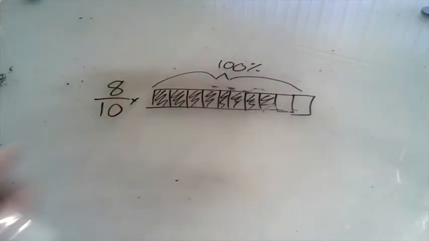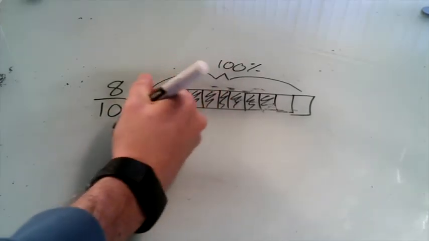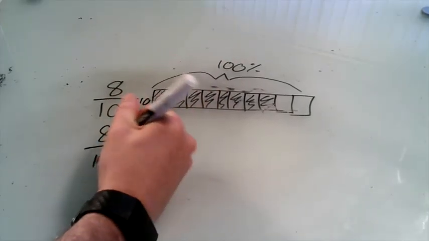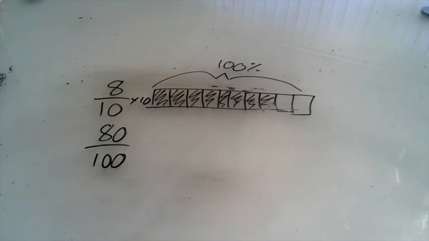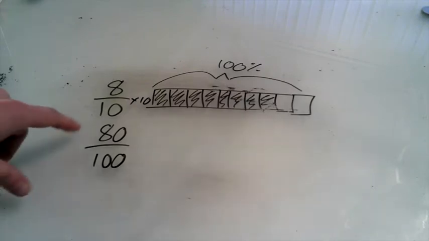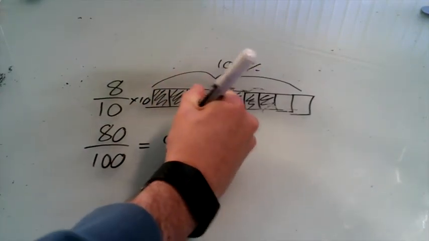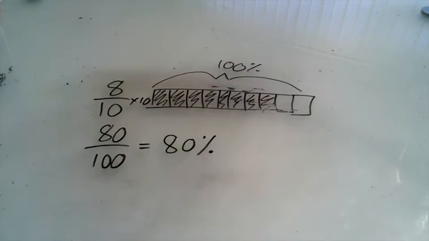So we times that whole fraction by 10, because that is actually equivalent to 80 over 100. And now, as we know, because percentage is however many out of 100, we know that that is now 80%. So I'm eating 80% of this chocolate bar.